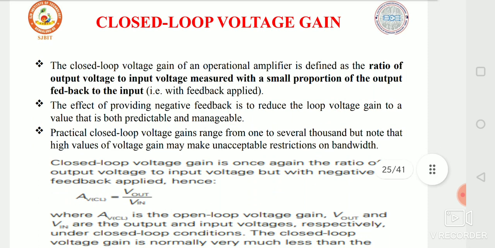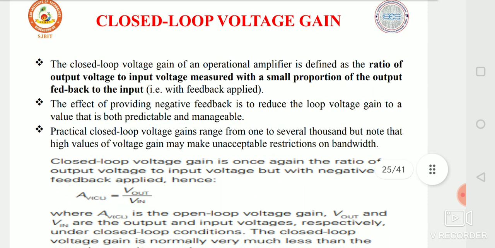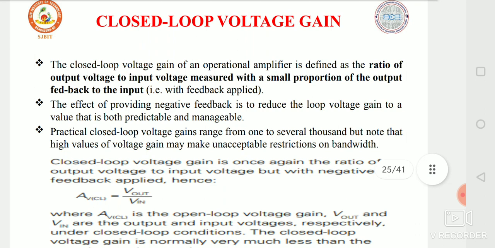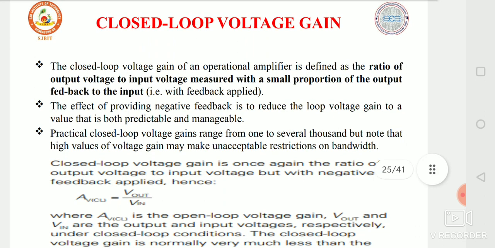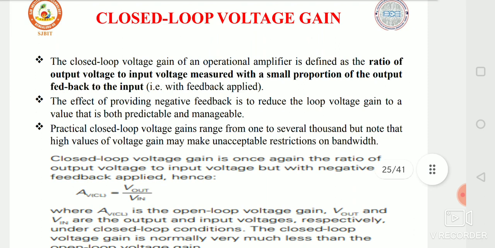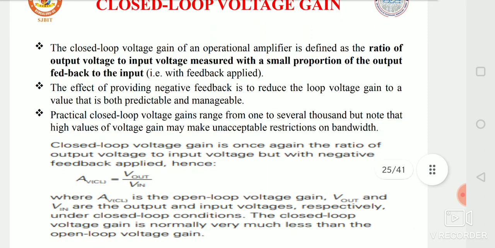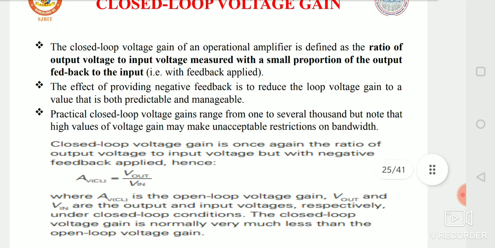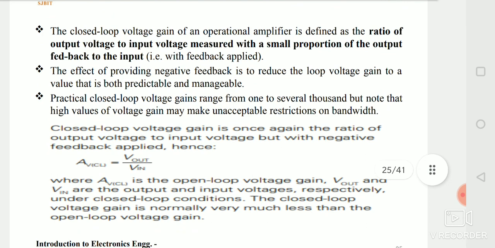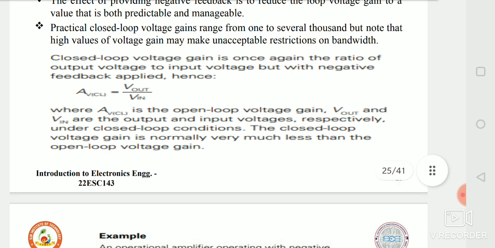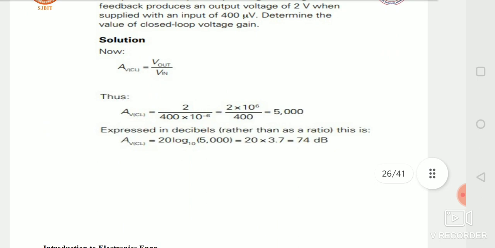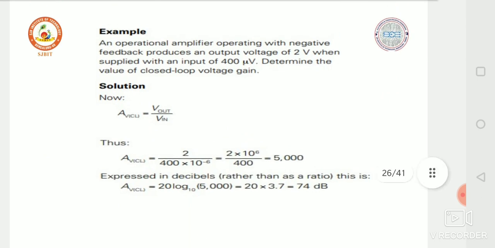The effect of providing negative feedback is to reduce the voltage gain to a value that is predictable. Practical closed loop voltage gain ranges from 1 to several thousand, but not too high a value, as the voltage gain may affect the bandwidth. So these are the parameters you have to know with respect to the voltage gain.